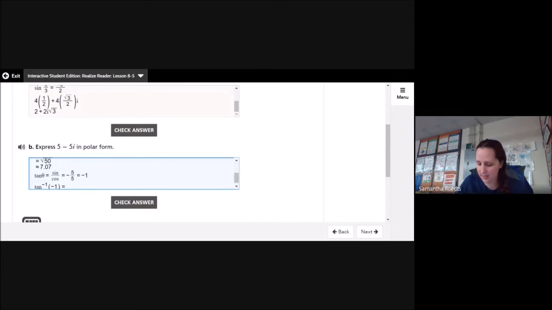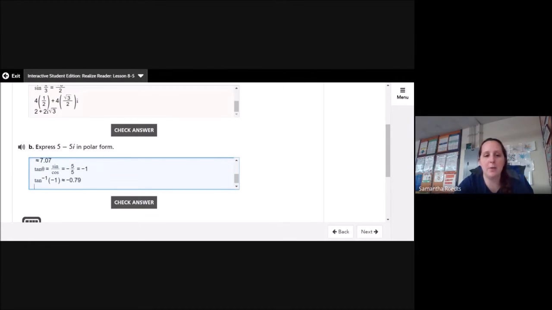So the inverse tangent of negative 1 is negative 45. Sorry, I had it in degrees and not radians. So it's approximately negative 0.79.